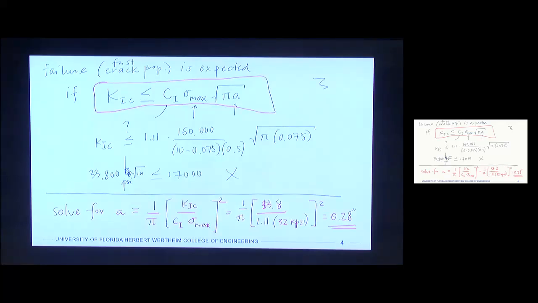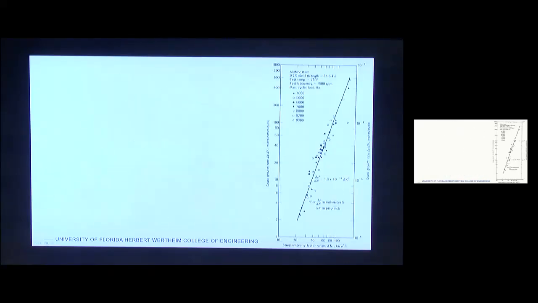So how do we then go from this 0.075, which is our current crack, up to 0.28? Well, we follow this chart that was given to us in the book, and I know it's really small here, which plots the crack growth rate per cycle versus the change in the stress intensity factor range.